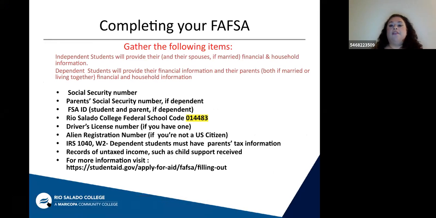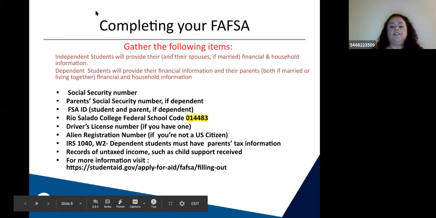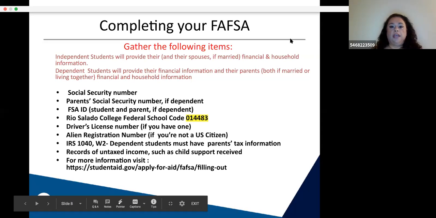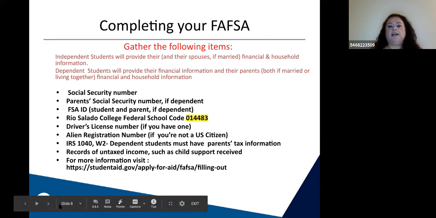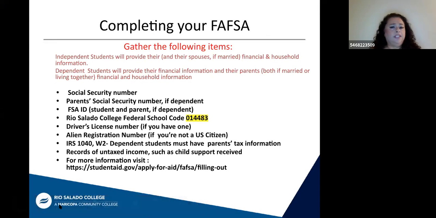Gathering the information for your FAFSA, these are important things you want to have with you when you sit down to complete it. If you're a dependent student, you will have to provide your parents' information. It would be a good thing to sit down with your parents, because they also have to create an FSA ID, which they will use as their signature to sign off on their child's FAFSA.